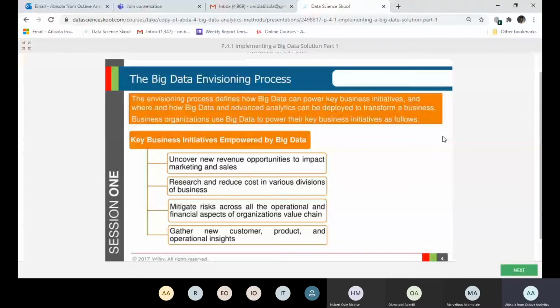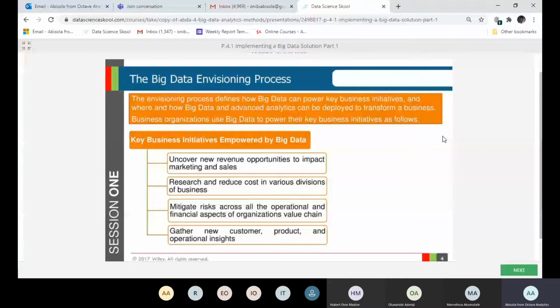So there are two major steps in big data solutions. The first is the big data envisioning process, which we are going into now, and the second one is big data solution engineering. That is when you're going to actually implement the big data solutions.